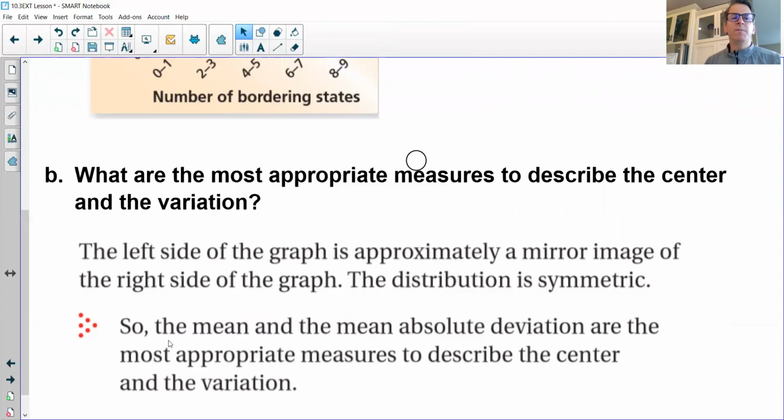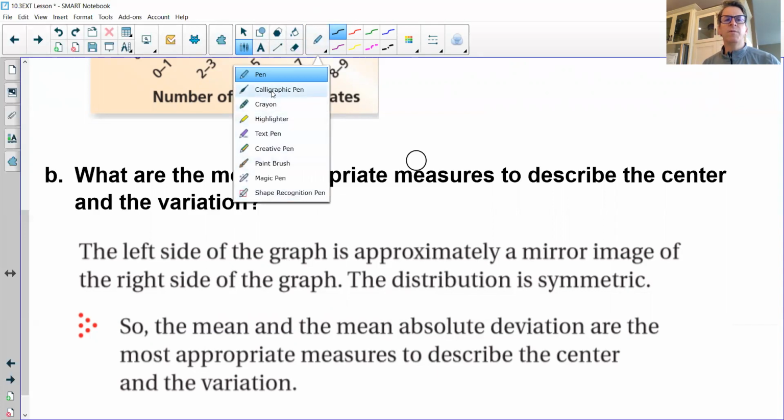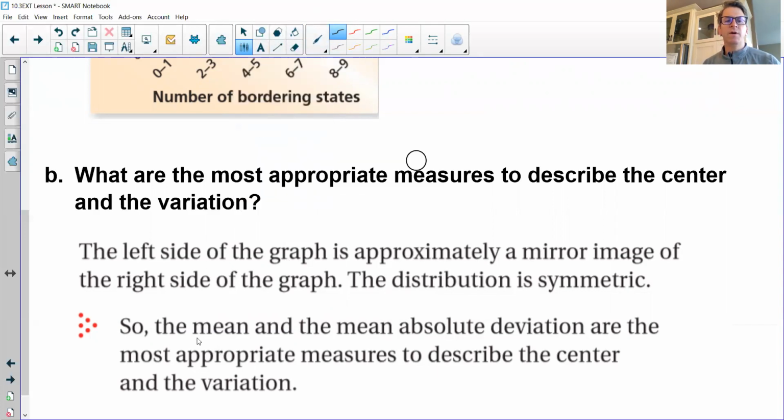So it's the mean we're focusing on. We're focusing on the mean for this data because it's symmetric. It's the same on the left as on the right. And we're looking for the MAD. So the mean and the mean absolute deviation are the most appropriate measures to describe the center and the variation of the data.